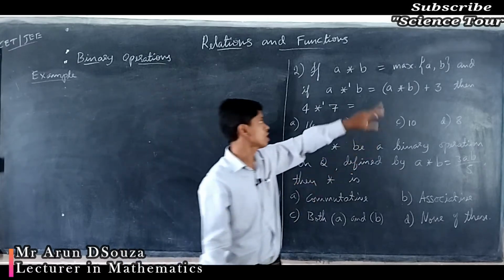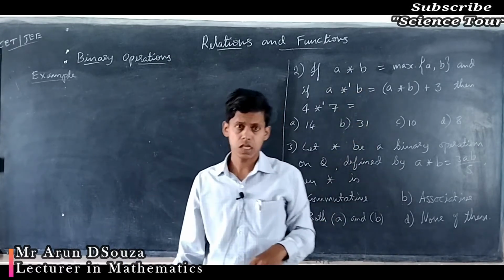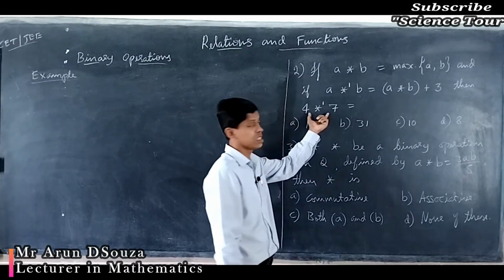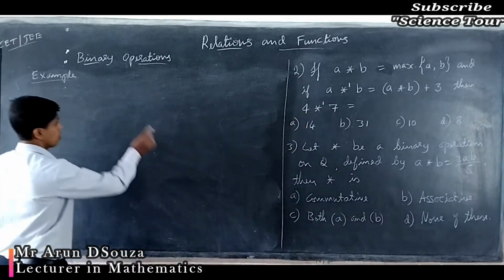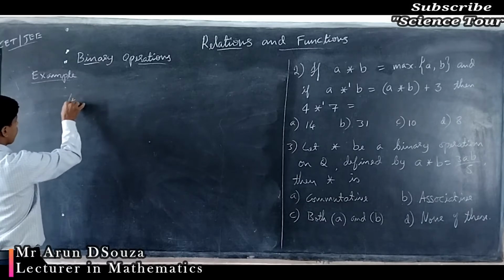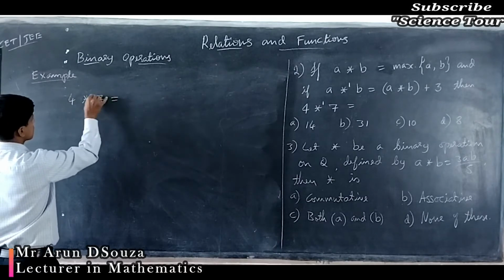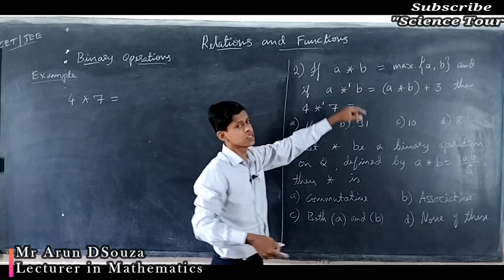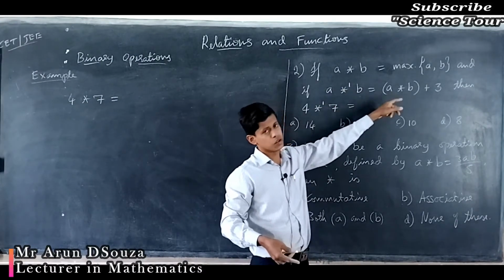So there are two different operations, one is star, another is star dash. Okay, don't be confused. Now let us start with this. What is 4 star 7? I'll go to star dash later. So I'm starting with 4 star 7 because when you apply you need this, right?